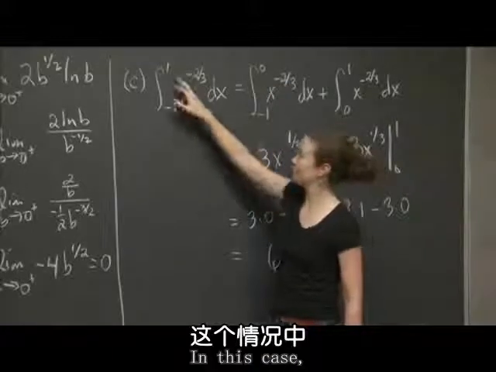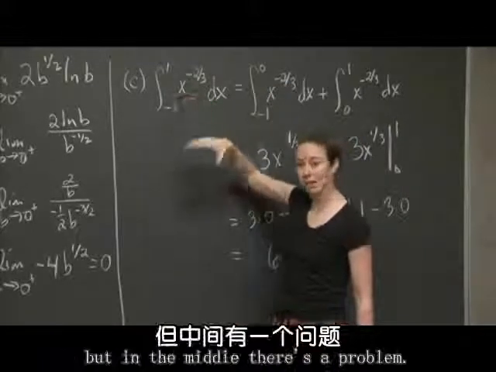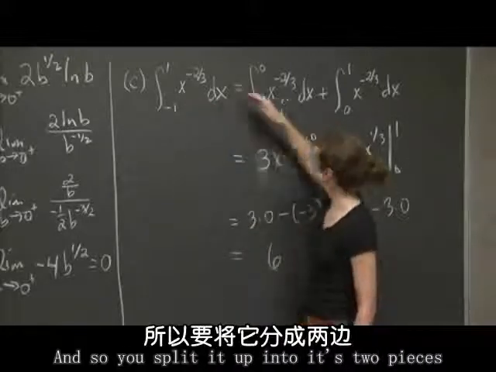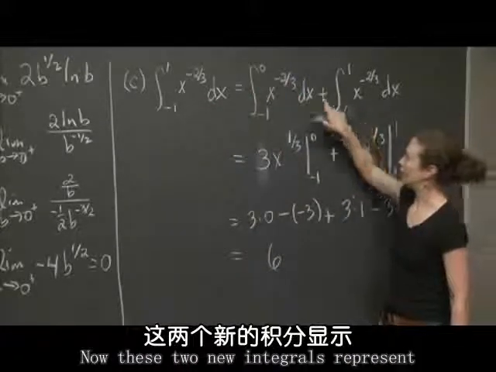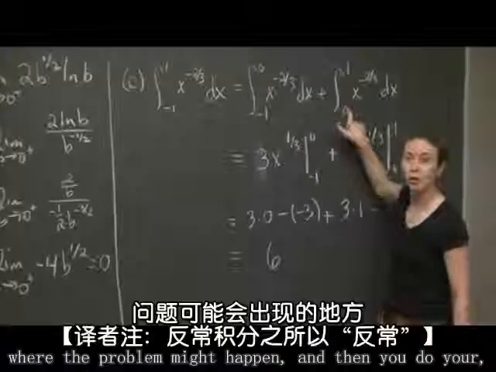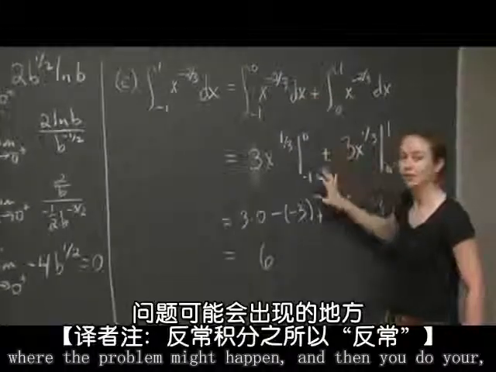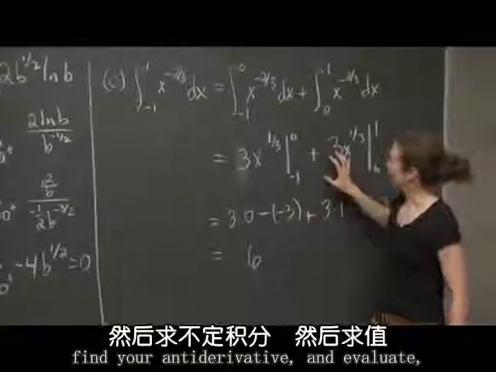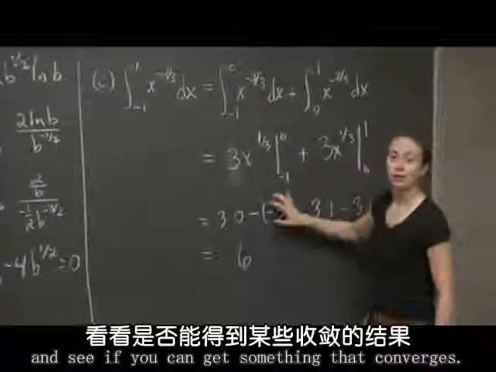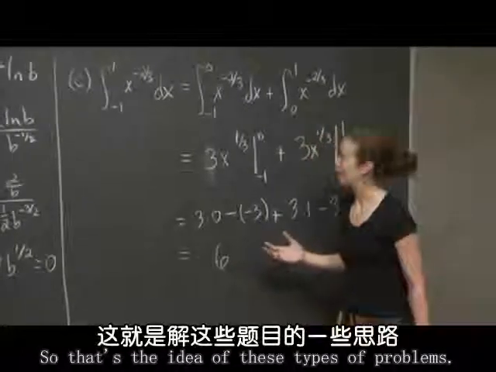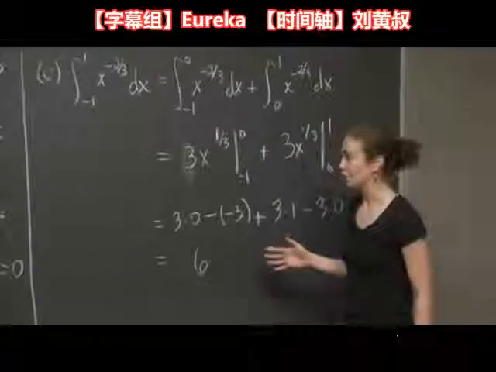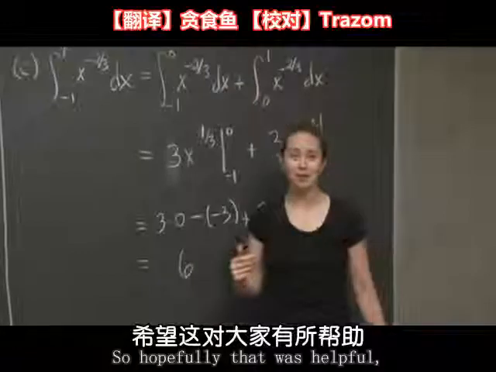In this case, the left and right endpoints are both fine, but in the middle there's a problem. And so you split it up into its 2 pieces so that the endpoints of these 2 new integrals represent where the problem might happen, and then you find your antiderivative and evaluate and see if you can get something that converges. So that's the idea of these types of problems. So hopefully that was helpful, and I think that's where I'll stop.